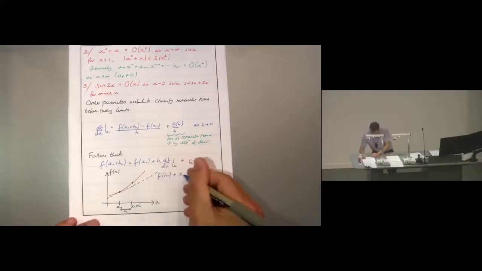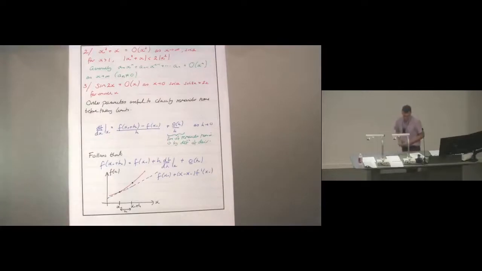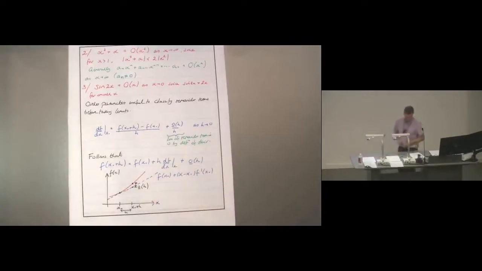So this line I've just drawn is f of x0 plus x minus x0 times the derivative of f at x0. And this result just quantifies the size of the remainder, so the difference between the value of the tangent line at the point x0 plus h and the value of the function there. And that is order little o of h.